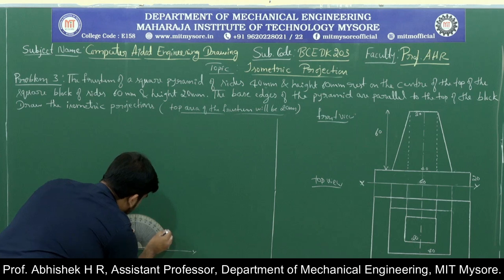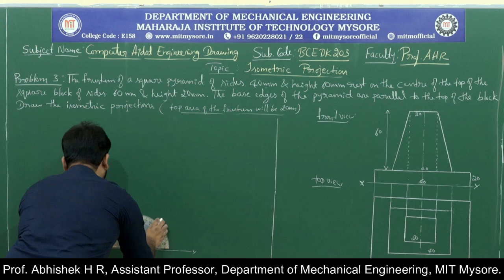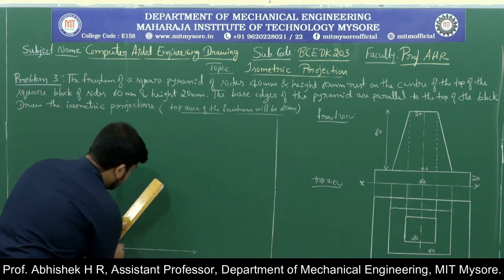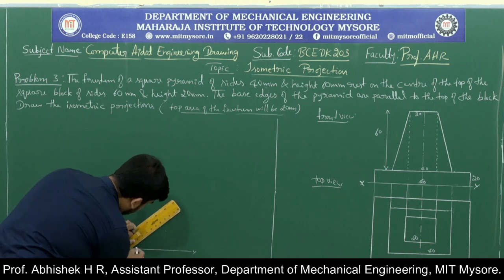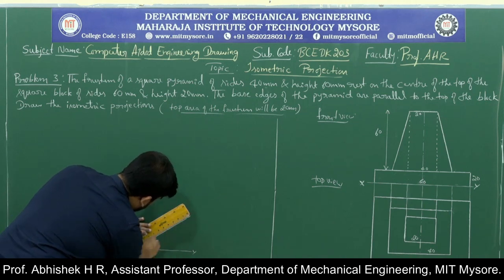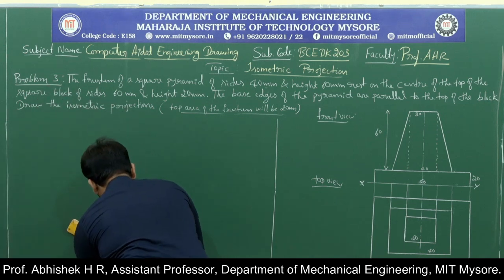So let us mark this as 30 degrees and here it is also 30 degrees. Now with respect to this I need to draw the 60 mm line. 6 boxes I need to count, towards the right hand side as well as towards the left hand side.